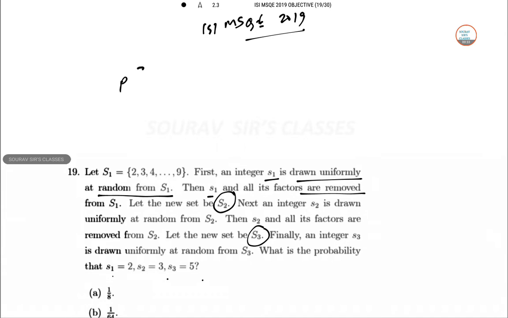So the probability of s1 equal to 2 intersection s2 equal to 3 intersection s3 equal to 5, this we need to find out.